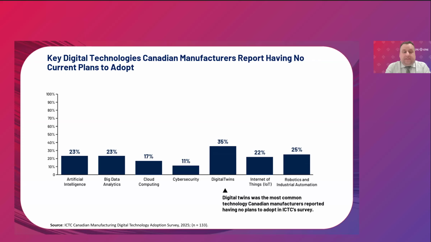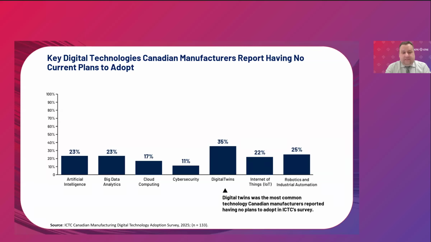When we asked our survey respondents about technologies they have no current plans to adopt, major opportunities included robotics, artificial intelligence, and particularly digital twins. Significant numbers, 23, 35, and 25% of manufacturer respondents said they have no interest or plans right now in adopting them.